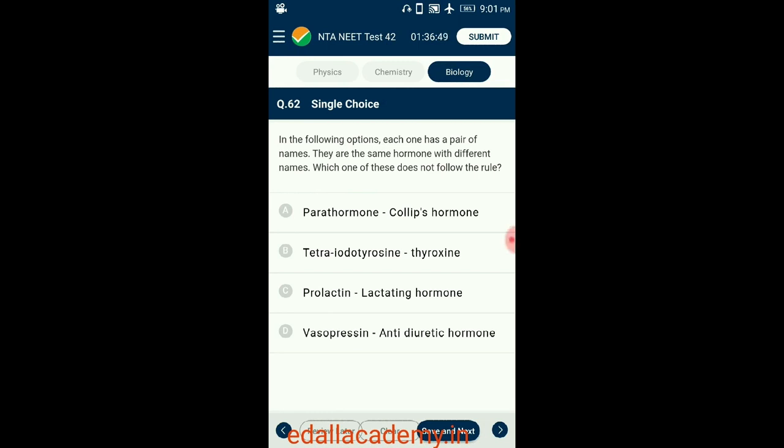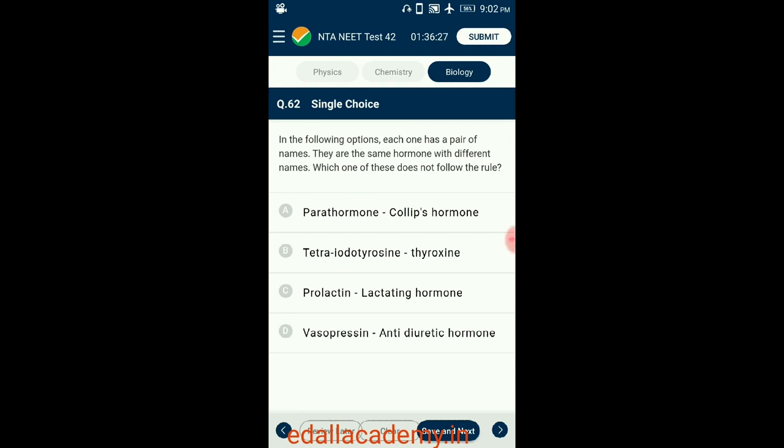Vasopressin increases blood pressure. It is secreted by the hypothalamus but stored and released by the neurohypophysis. It also acts on the kidney, stimulating it to absorb more water. Hence, it is also called antidiuretic hormone.